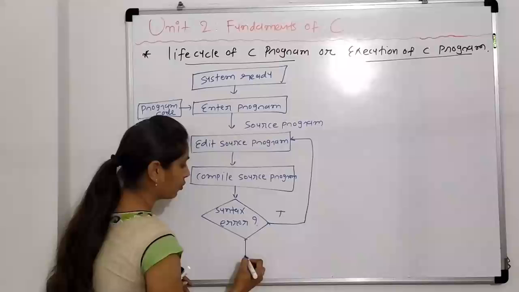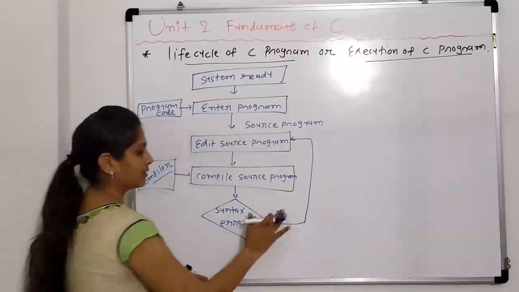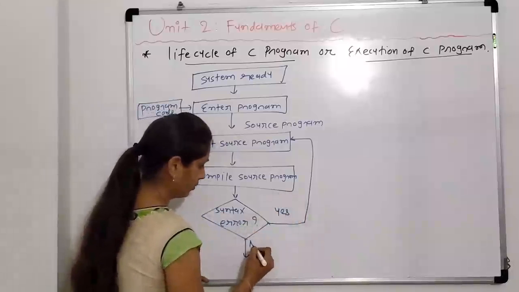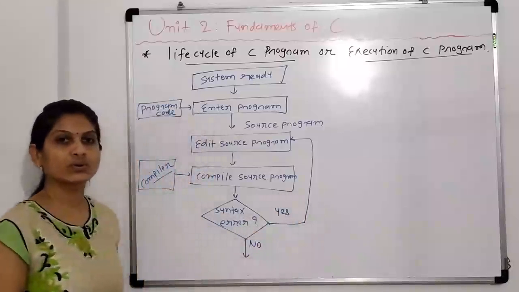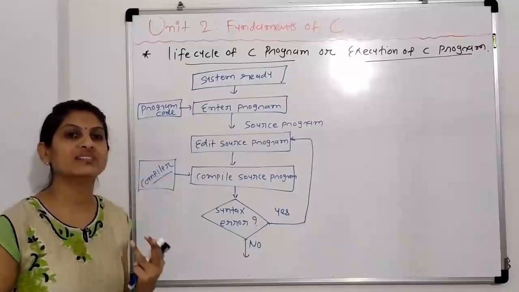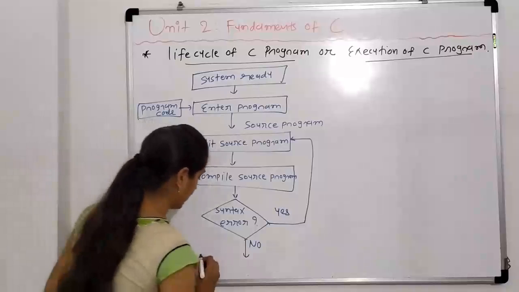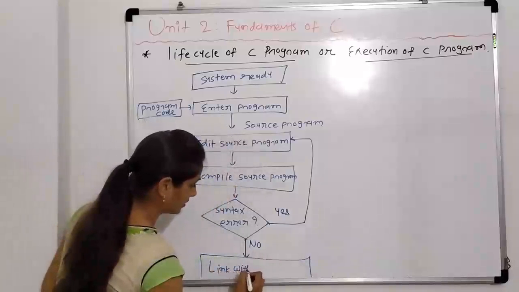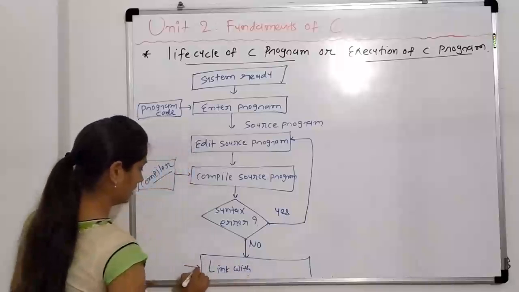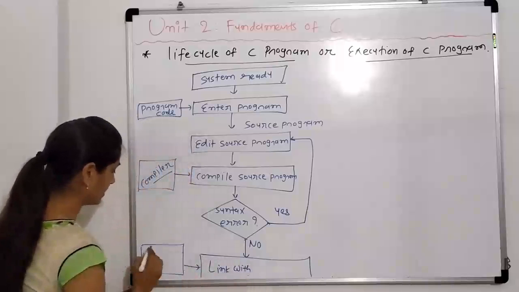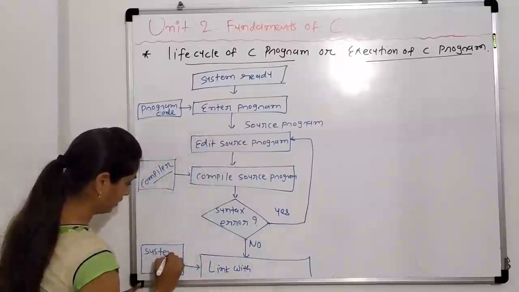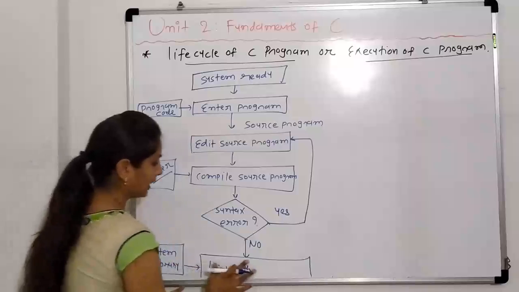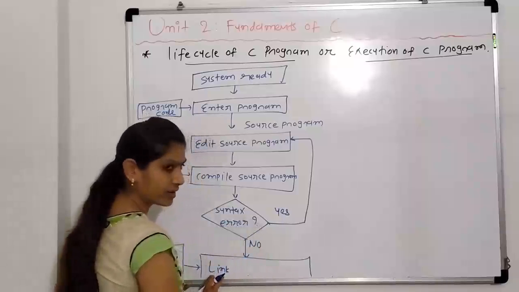But suppose there is no syntax error. Syntax error yes, then edit; no, then what do we have to do? The third step is link with system library. Here our library is there, that is called the system library. Now link, what do we have to link?